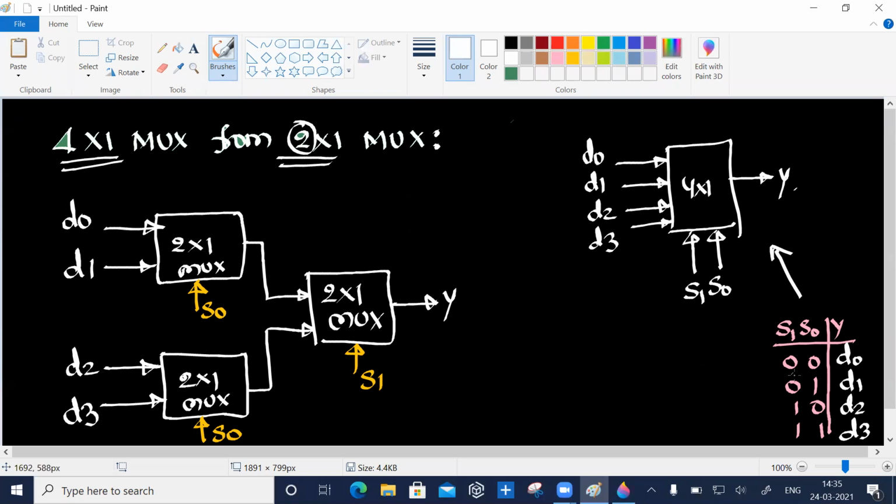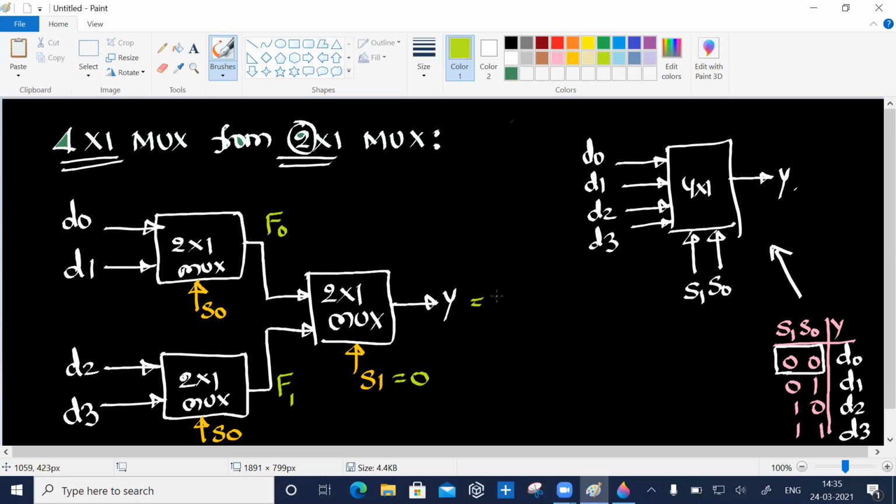Now you see, if S1 and S0 are both zeros. So now what I will do, I will take S1 equal to 0. Let the output of the first 2 by 1 mux be F0, the second output be F1, and the last one be Y. Now tell me, if S1 equal to 0, what is Y?